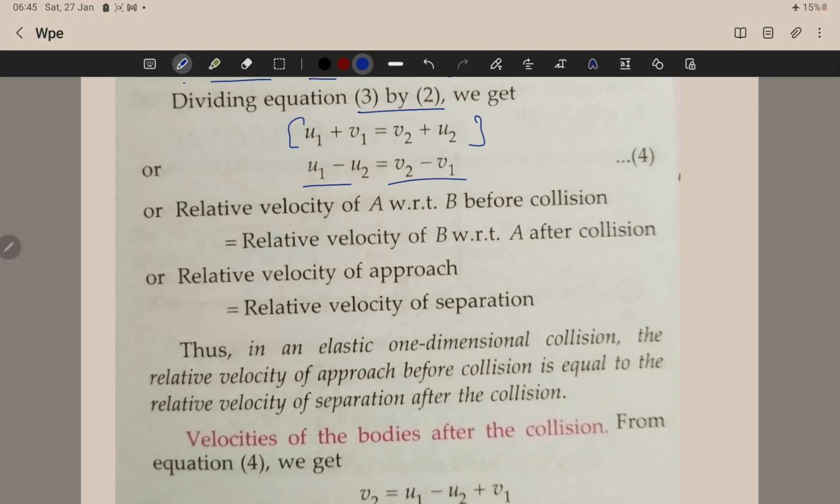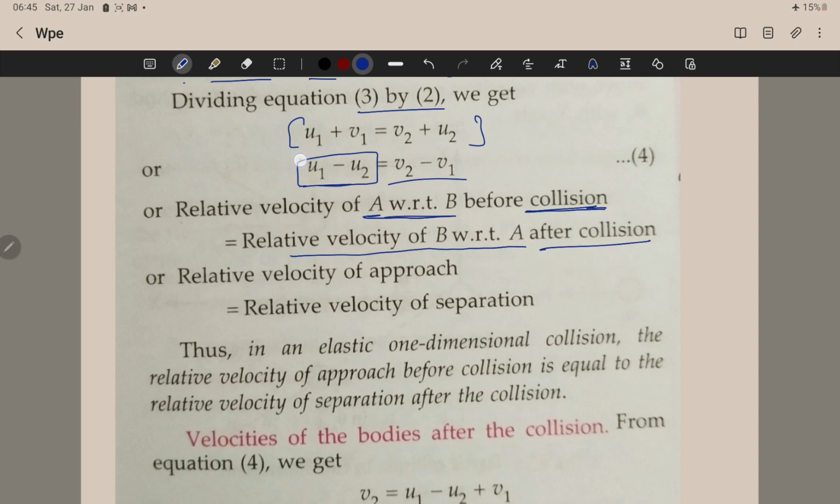So u1 minus u2 is the relative velocity of A with respect to B before collision, which is equal to v2 minus v1, the relative velocity of B with respect to A after the collision.